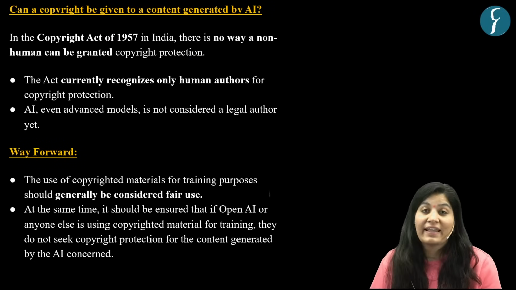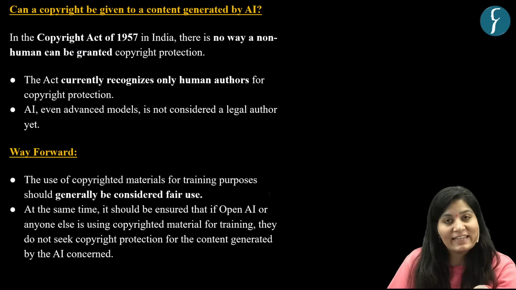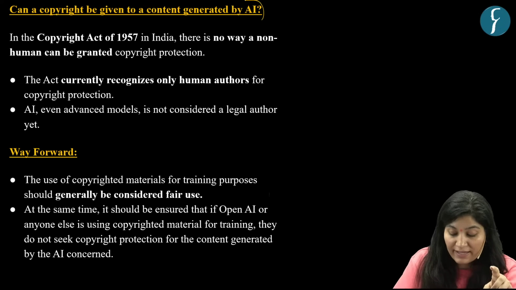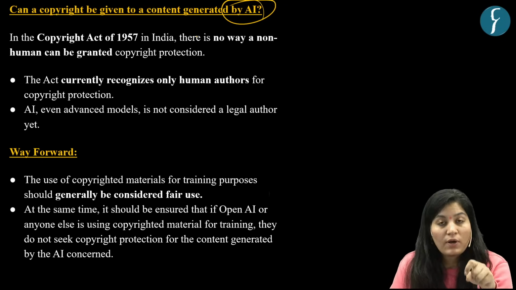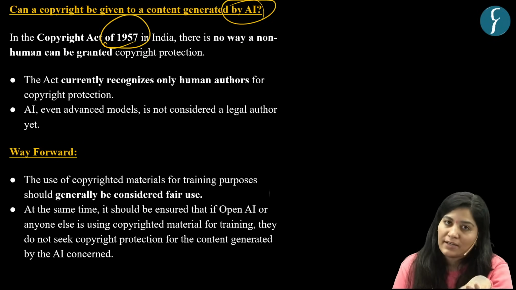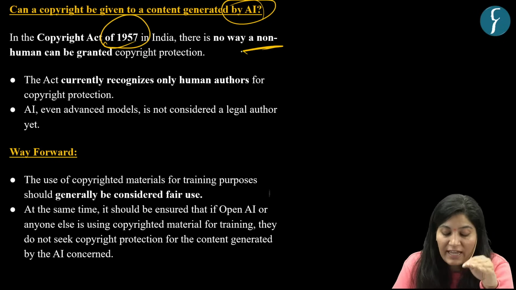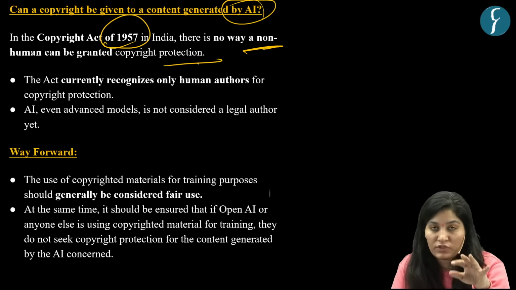And now the next question is: can a copyright be given to content generated by AI? According to the Copyright Act of 1957 in India, there is no way a non-human can be granted copyright protection.